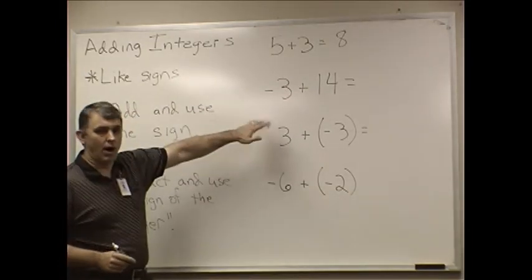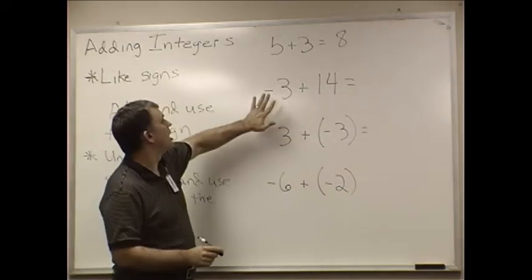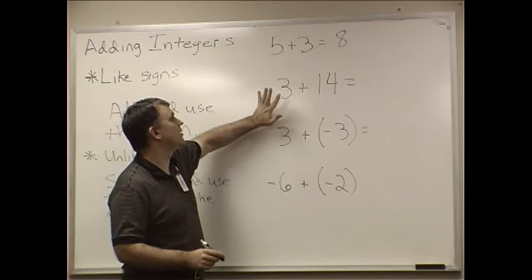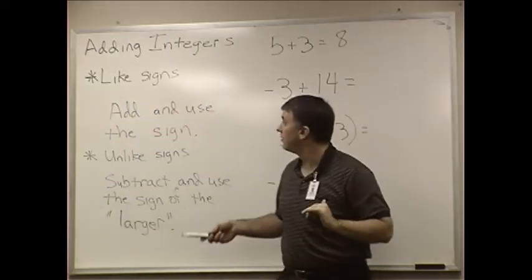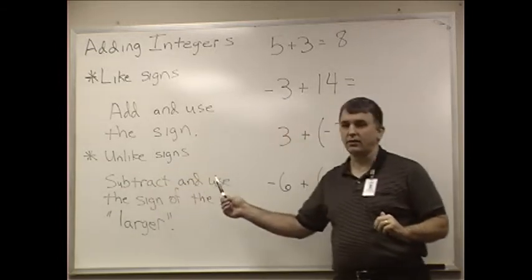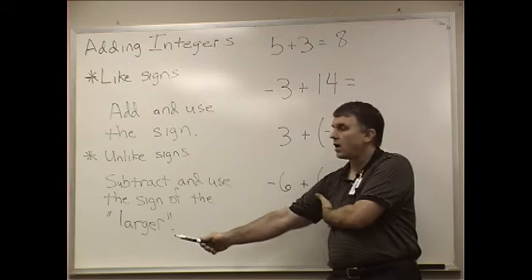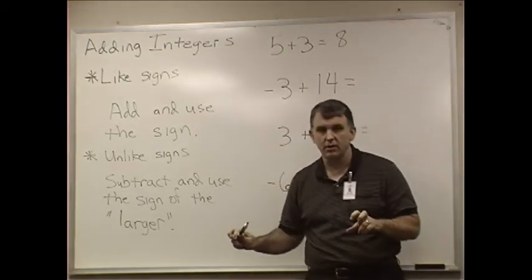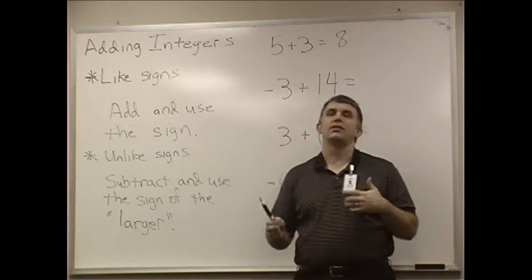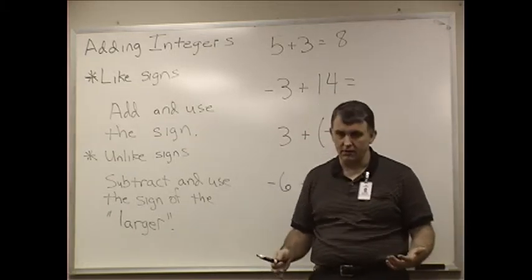Look at the second one, negative 3 plus 14. Now, negative 3 plus 14, the 3 is negative and the 14 is positive. So these would have unlike signs. So subtract and use the sign of the larger. Now notice I put larger in quotes. I did that because I know that negative numbers are always smaller than positive numbers.